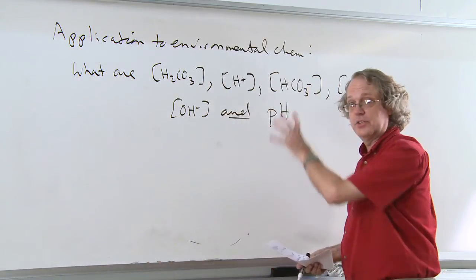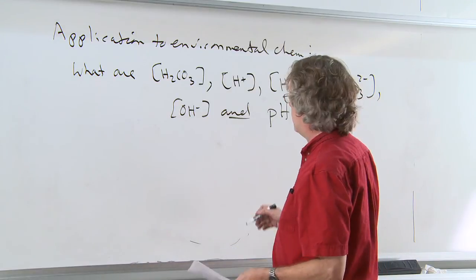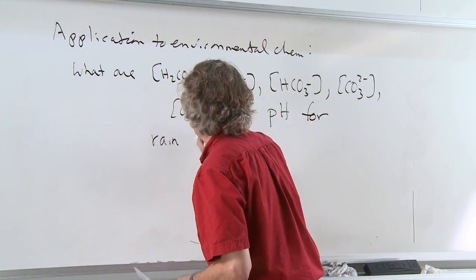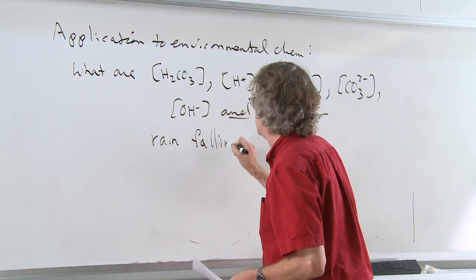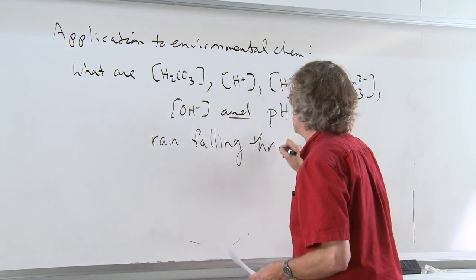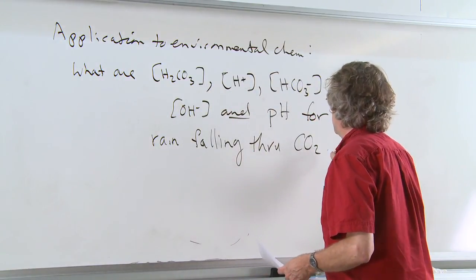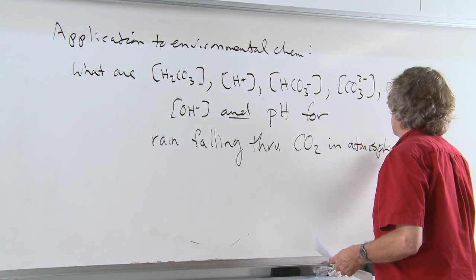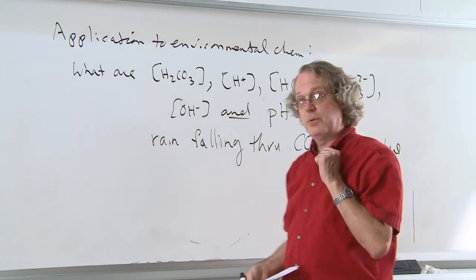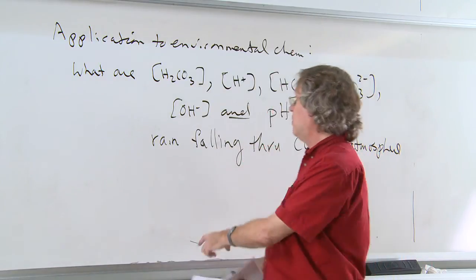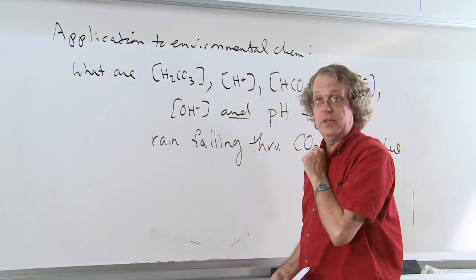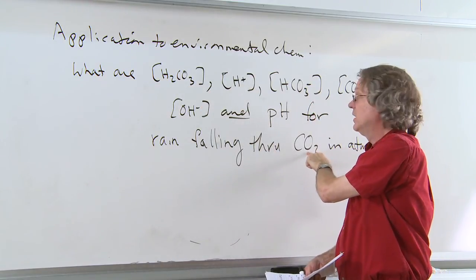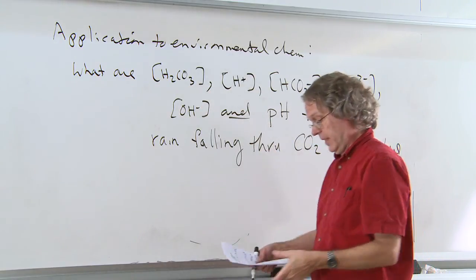And as you'll see, we can actually do this rather simply for rain falling through the atmosphere with CO2 in it. So the first thing we're going to have to do is figure out how much H2CO3 is in the water that's coming from the dissolving of the CO2 in the air.